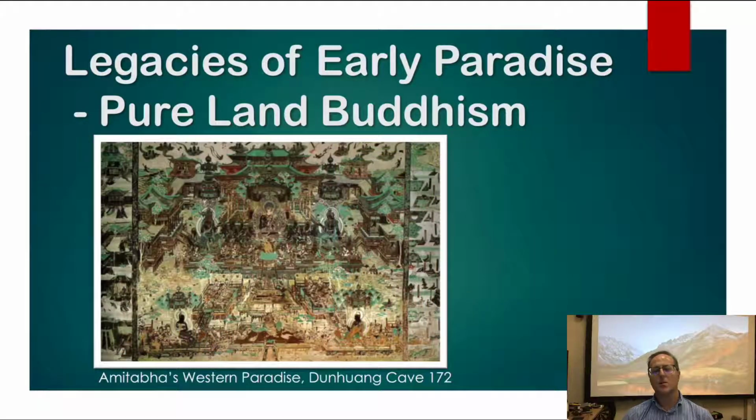Now, these early notions of paradise in China and in Egypt had a profound influence in their area on later conceptions of paradise. So after the Han Dynasty, when Buddhism comes to China, there is this notion of a pure land. In fact, one of the pure lands is in the West, a Western paradise. And you wanted to be reborn here because you couldn't get enlightened in this world because it was so decayed.